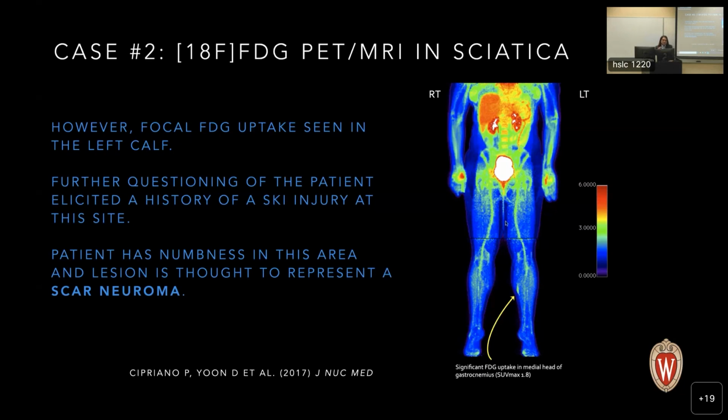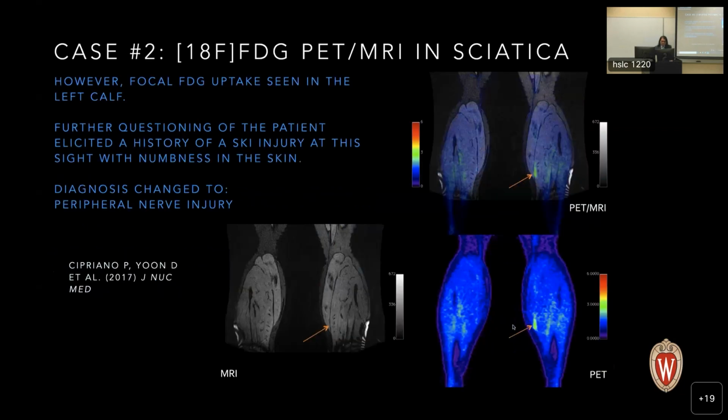So the nerve serving this neuroma was a little bit swollen. And so she was thought to maybe have a little bit of stenosis in her spine with a swollen peripheral nerve root as a result of this scar neuroma. These are just detailed images showing this small focal lesion here. And we're talking to her about getting this scar neuroma treated in her calf.